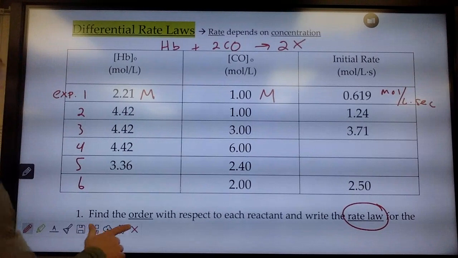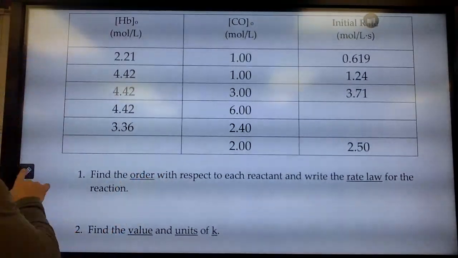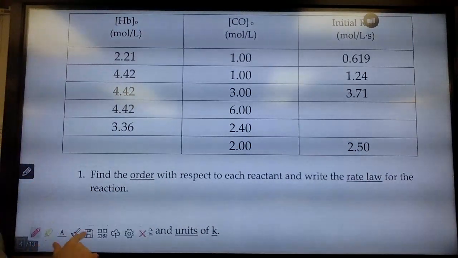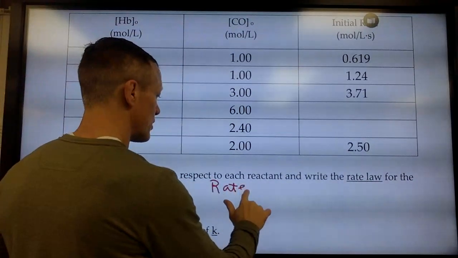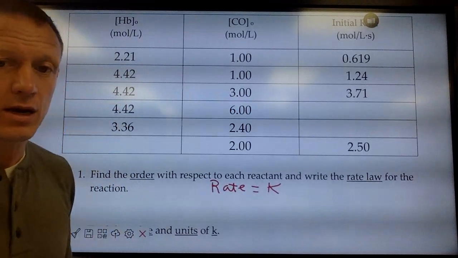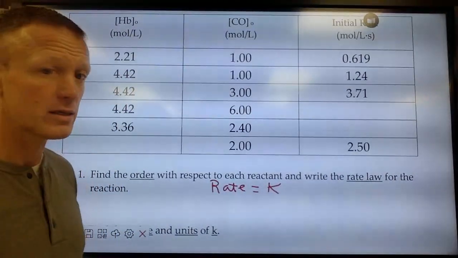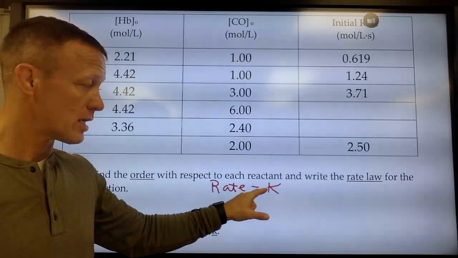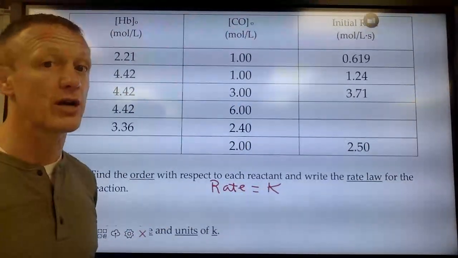All right, so our rate law, or rate expression, we write this: rate equals k. K is called the rate constant, which is the same for this reaction unless you change temperature.